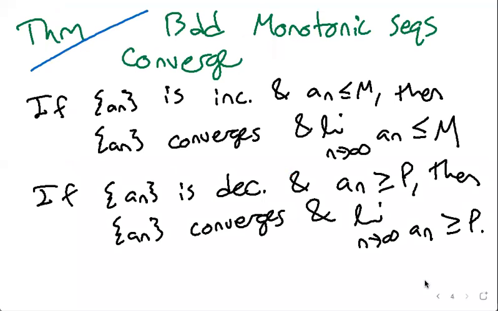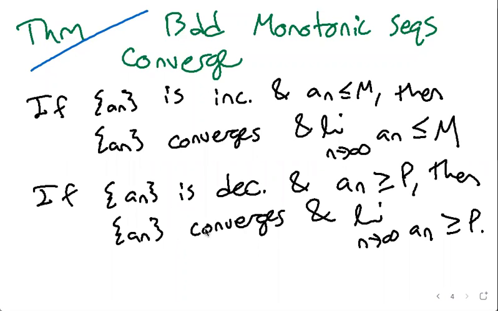Okay, our big finale here: bounded monotonic sequences converge. If a sub n is an increasing sequence and m is an upper bound, then a sub n converges and the limit as n goes to infinity of a sub n is less than or equal to that upper bound.